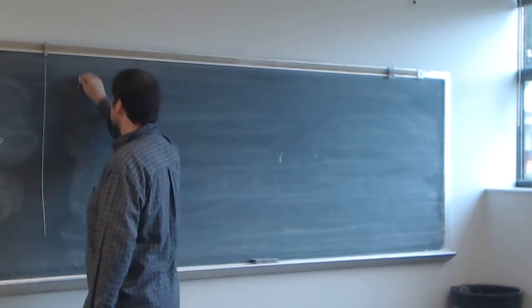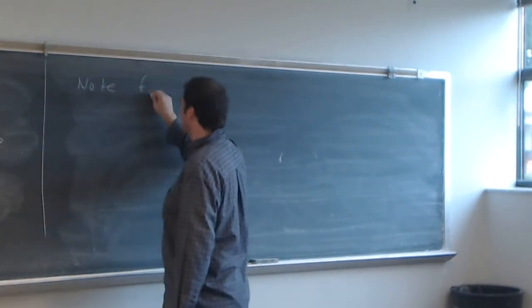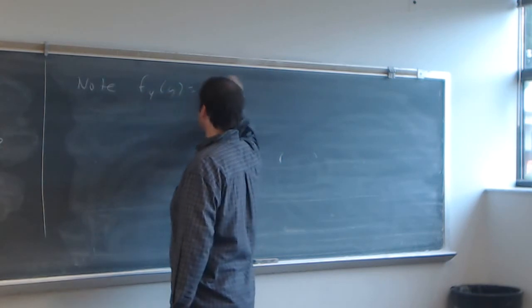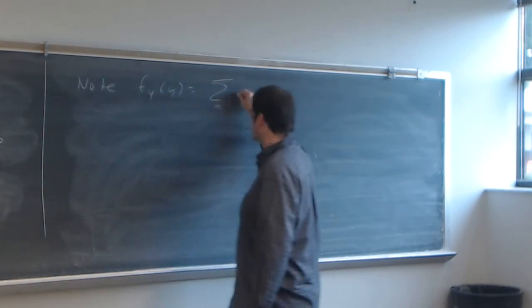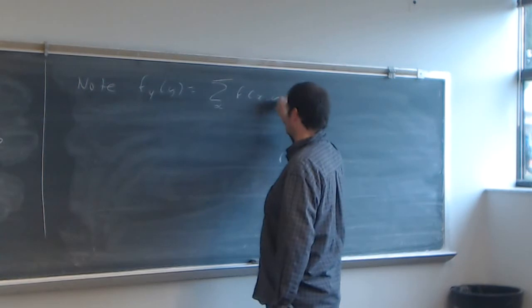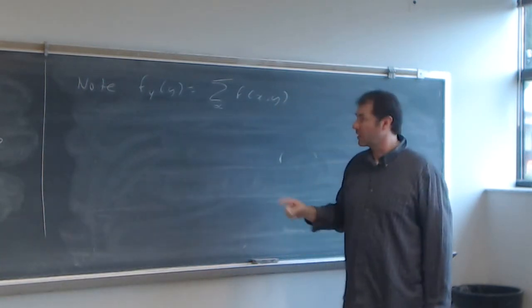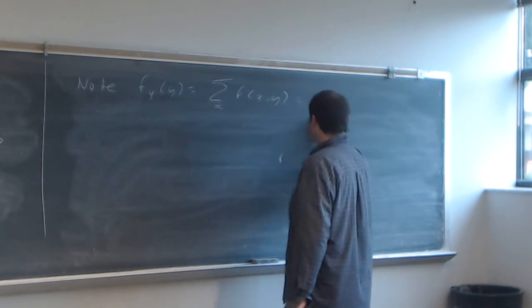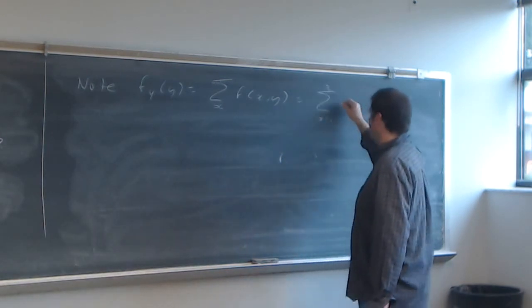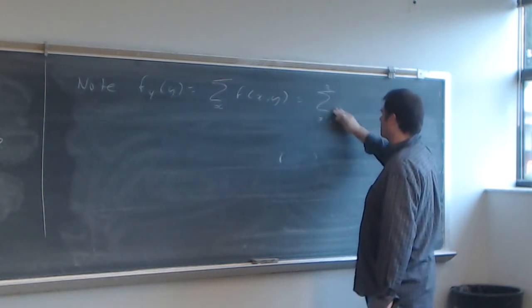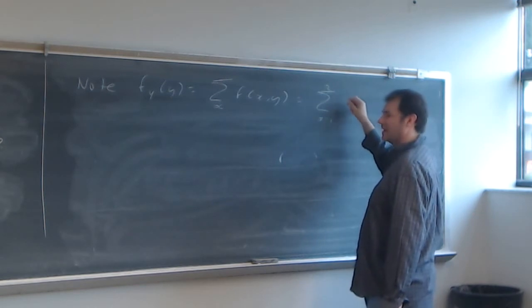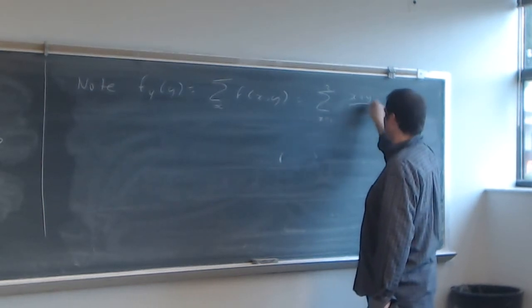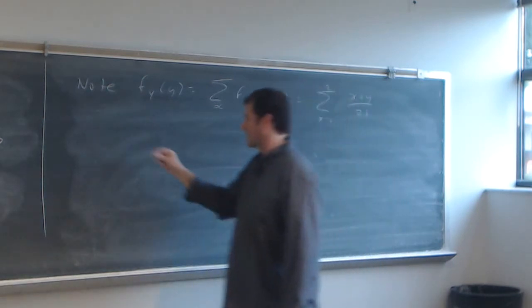Note, f sub y of y is equal to the sum over the x values, this is by definition, of the joint. So in our particular case, the x values are just 1 and 2. And so it'd be f of x comma y, but I know what that is, it's x plus y over 21, but there's only 2 things to add here.